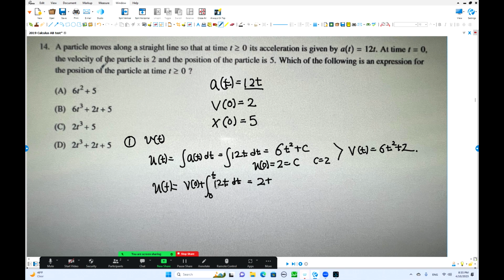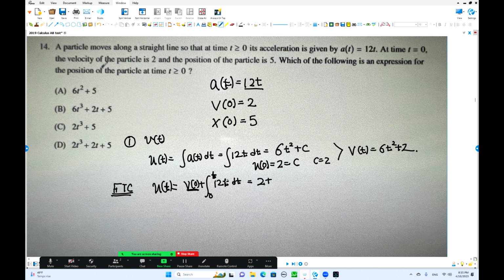This is a little different: this is a definite integration, and the other is indefinite. If you use the fundamental theorem of calculus, we start from 0 and go from 0 to t, taking the sum of the rate. But this is a variable t because we use a t there.